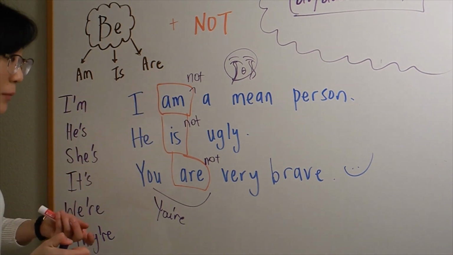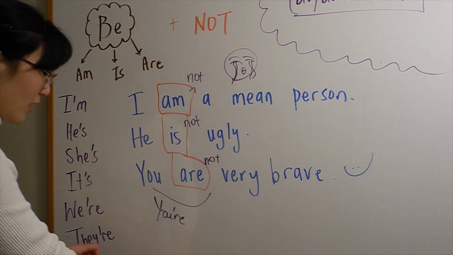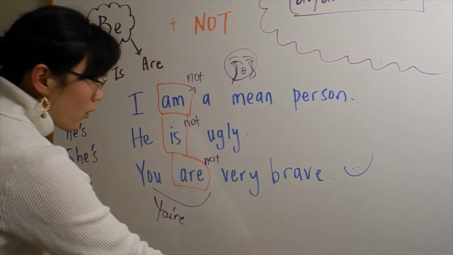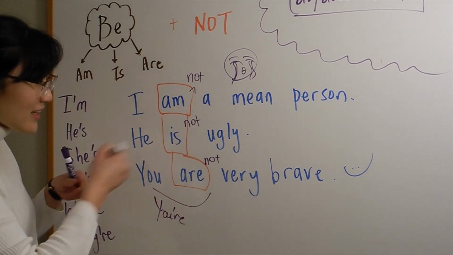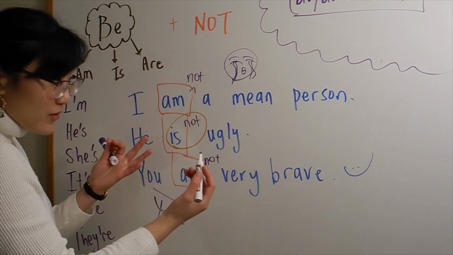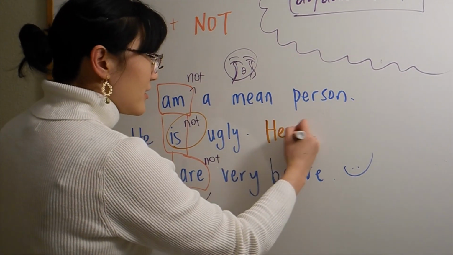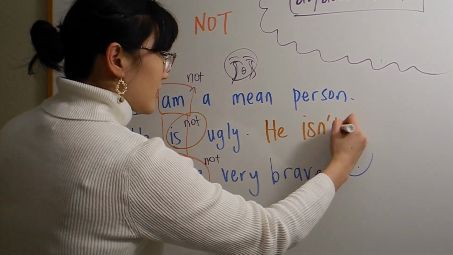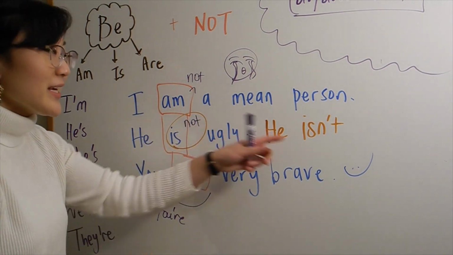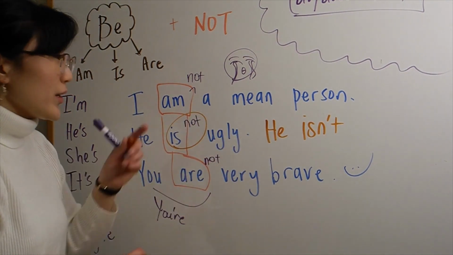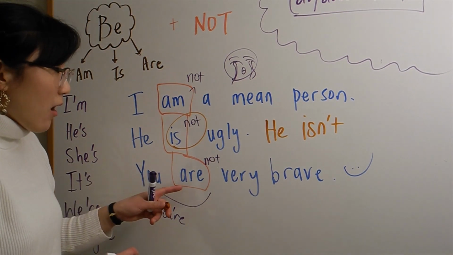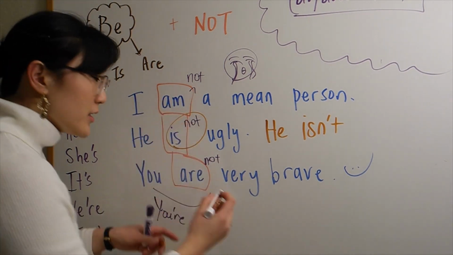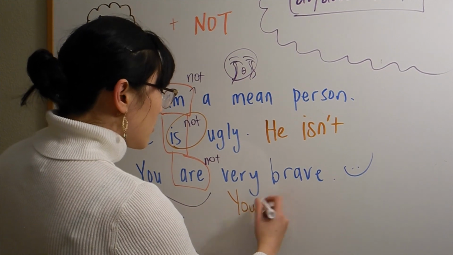You have other options, right? There's a lot of options. For example, if you want, you can say is not, he is not. If you want, you could say he isn't. Or she isn't. Or it isn't ugly. If I want to say are not and make it short, I could say you aren't.